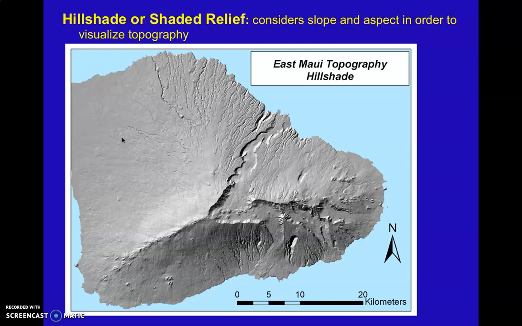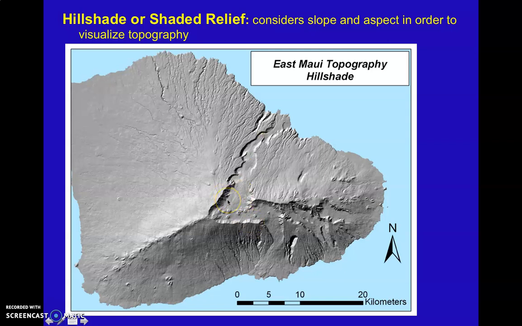And so in this case, the light source is to the northwest, right? So you can imagine the sun is somewhere over here shining, and anything that is a slope that's facing to the northwest is going to get illuminated, and anything that is facing away is going to be a darker color. And meaning it's being sort of shadowed, or it's in the shade, right?